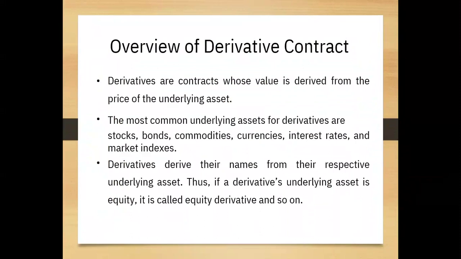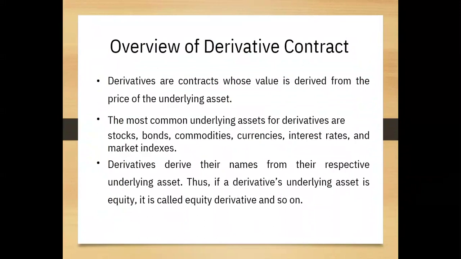So whenever we call something a derivative, it means its price depends on the price of an underlying asset. In brief, an underlying asset is a financial instrument from whose value the derivative's value is derived.